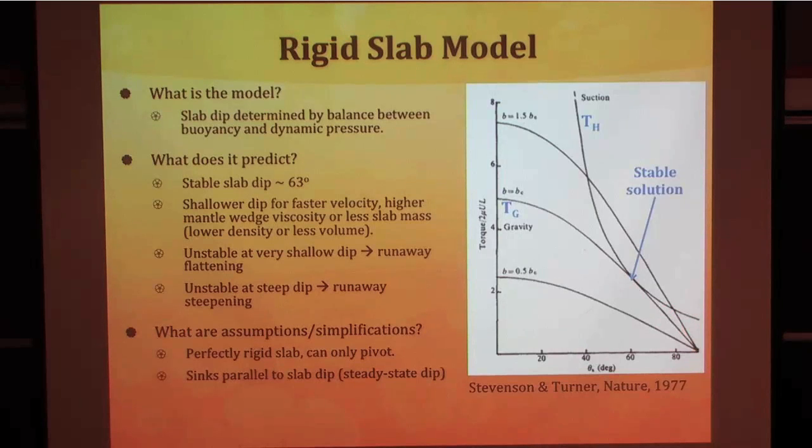Okay? Now, these three ideas: that there's a steady state dip that it kind of wants to be at if it's rigid enough, that if it's too shallow, it'll actually get sucked up into the overriding wedge, and that if it's too steep, it'll go vertical. Those are really handy things to have in your head when you're looking at a subduction model.